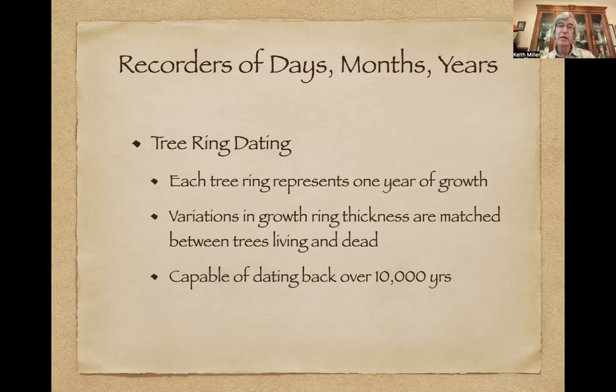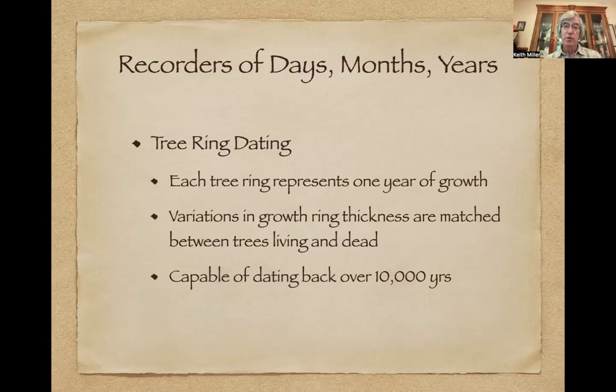Other things can impact how quickly a tree grows, whether it's temperature, it could be forest fires, any number of things. And so within a given tree, the tree rings vary in thickness. And every tree in a given region or area experiencing the same weather conditions will have a similar pattern of rings.